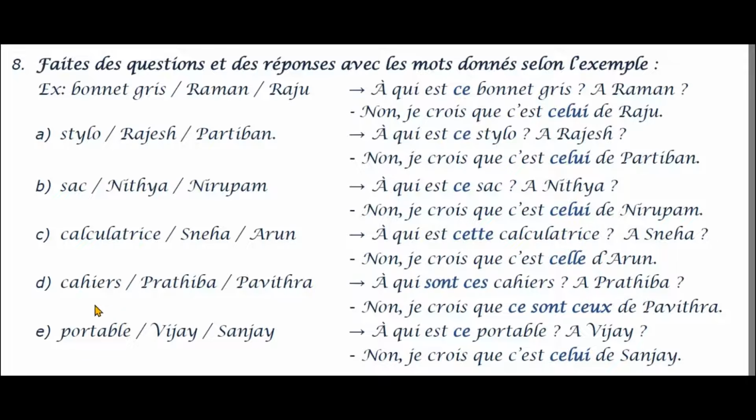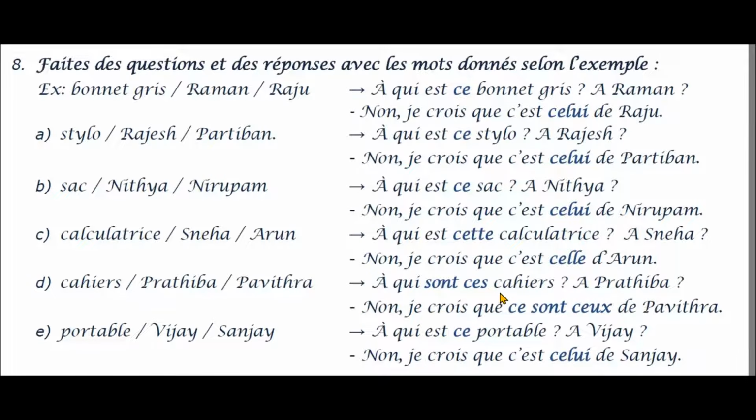Option D, cahier, notebooks, masculine plural. When it's in plural, you can see this est verb which is here changes to sont, and the demonstrative adjective ce becomes ces. Why? Because plural. Then you replace this gray hat with notebooks, and again Raman with Pratibha, and replace Raju with Pavitra.